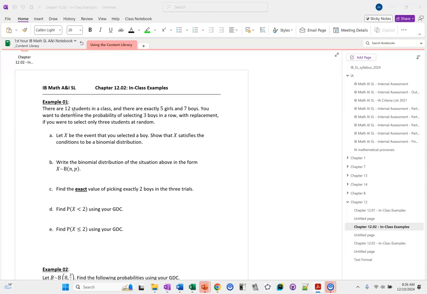There are 12 students in a class, and there are exactly 5 girls and 7 boys. You want to determine the probability of selecting 3 boys in a row with replacement if you were to select only 3 students at random. So why do we need to say with replacement here?